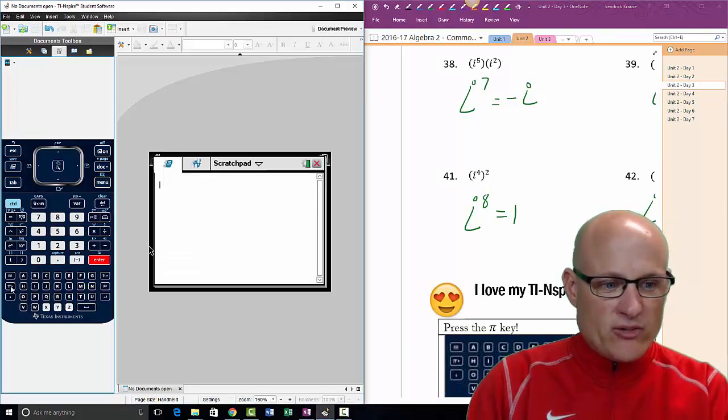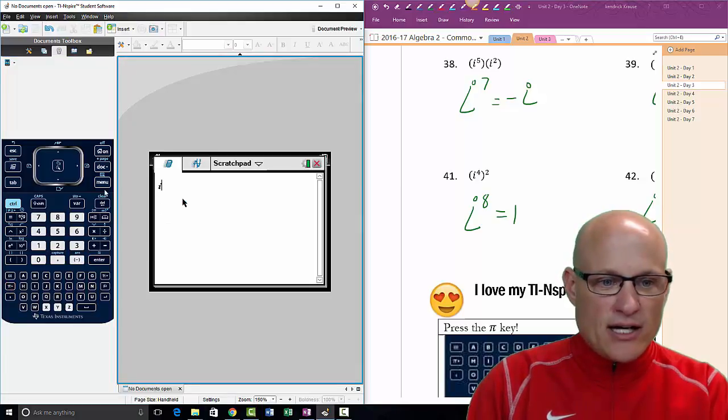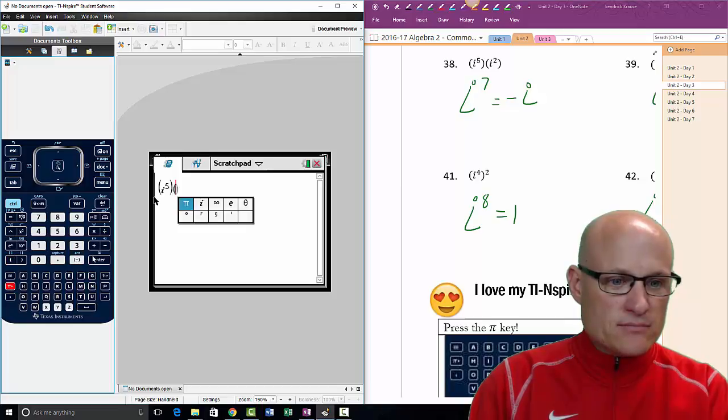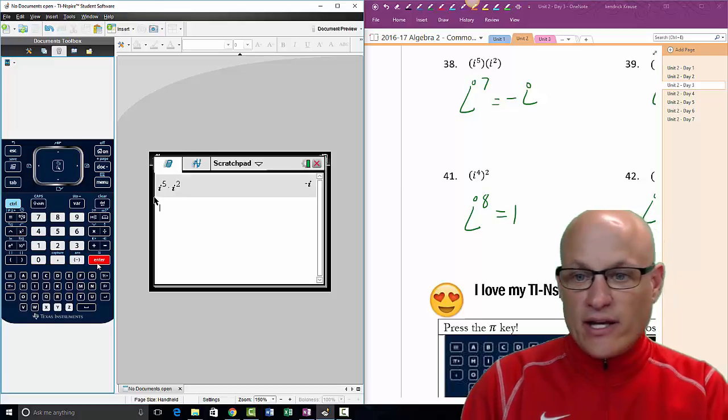If I go down here to this pi button and click on that, there's i. So I should have put parentheses. So parentheses, that was i to the what, 5th? Parentheses, i squared. And that is negative i.